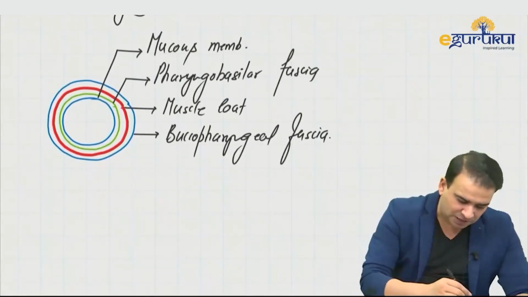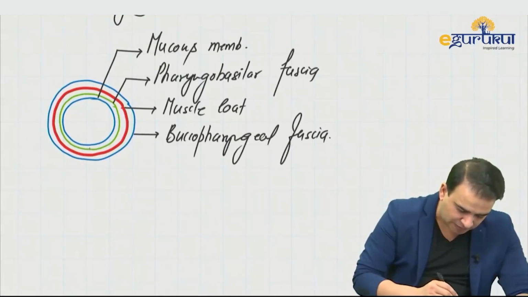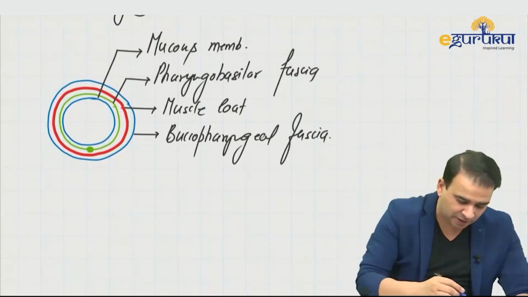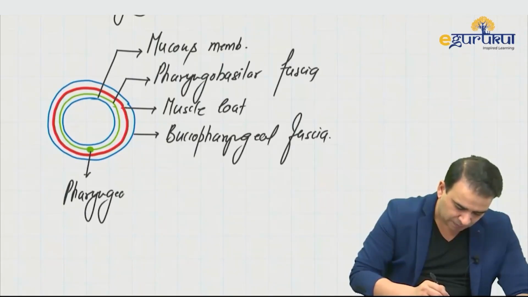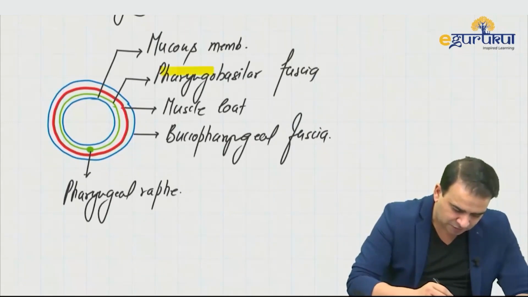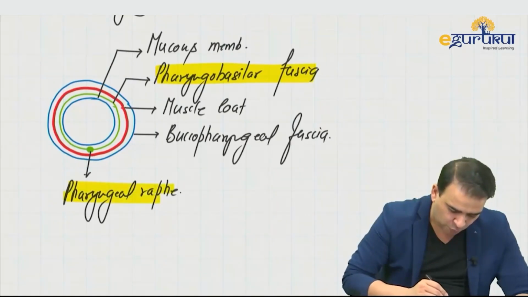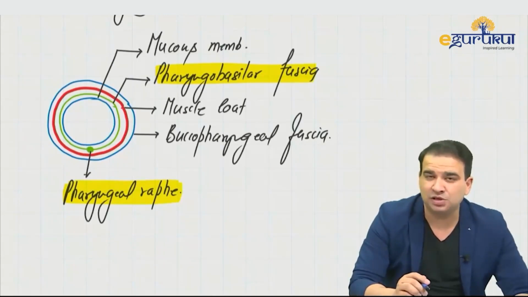Now this pharyngobasilar fascia on the posterior aspect, there is a longitudinal thickening of this pharyngobasilar fascia, and that is called the pharyngeal raphe. So please remember, it's the pharyngobasilar fascia which on the posterior wall will form a linear thickening, called the pharyngeal raphe.